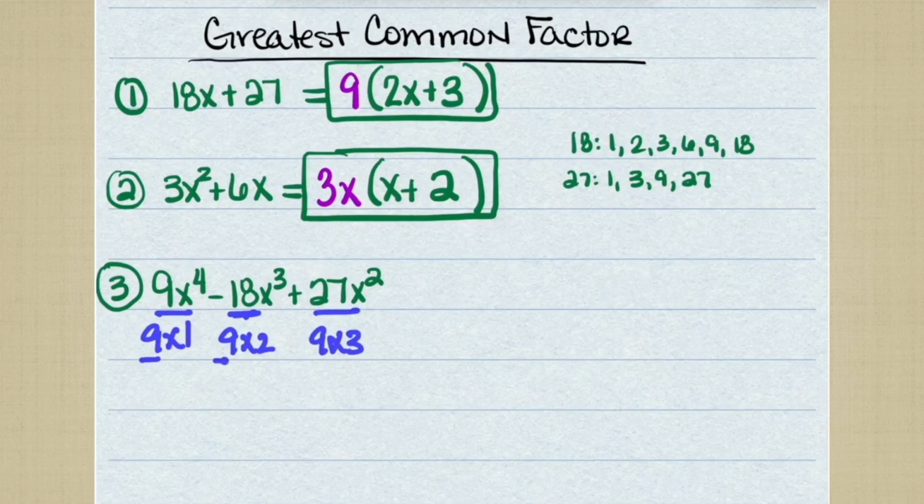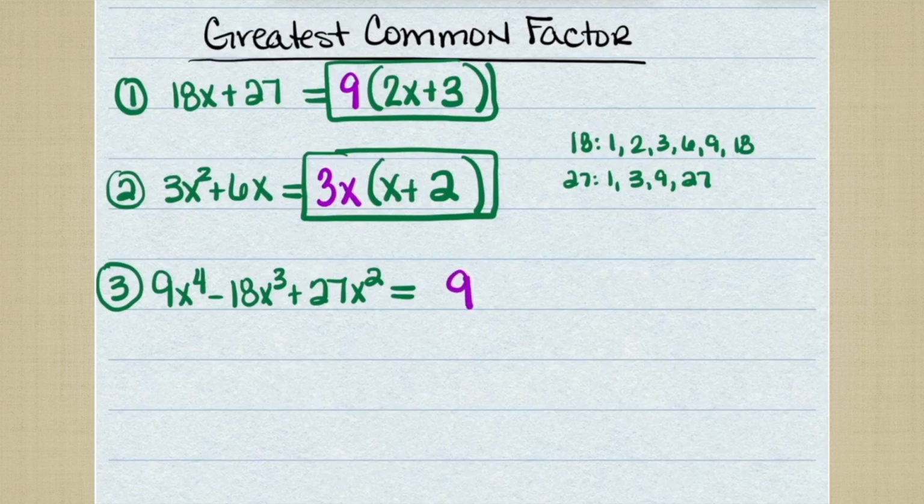So it looks like the greatest common factor between all of these is going to be 9. So I'm going to pull out a 9 first. Okay, so I've taken out the 9, and then I'll put this here so we can see what we have left.